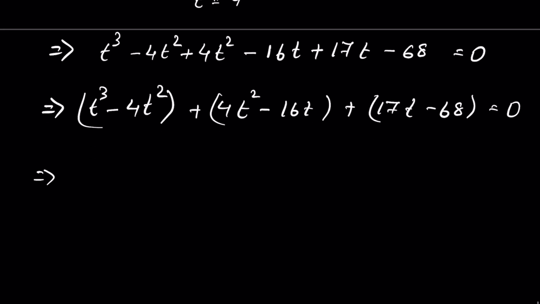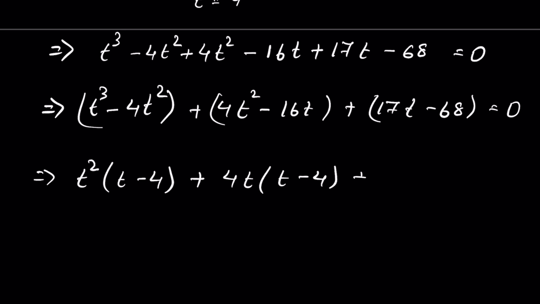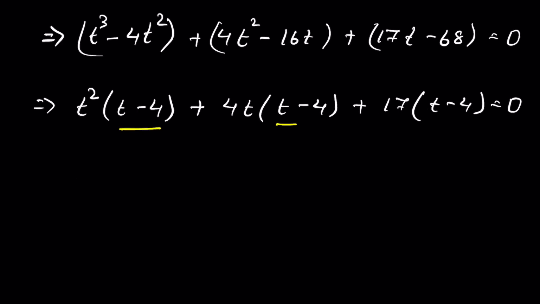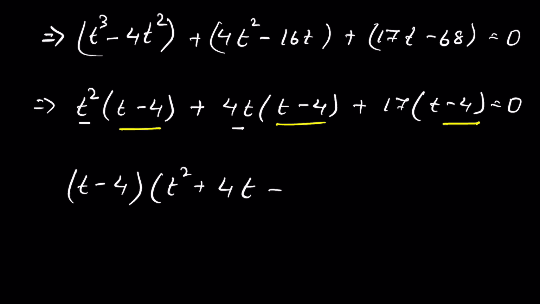Now let's take here t square common and write t minus 4, plus 4t common, so t minus 4, plus 17 common, t minus 4 is equal to 0. Now this t minus 4 is the common factor, so one of the factor will be t minus 4 and then t square plus 4t plus 17 is equal to 0.